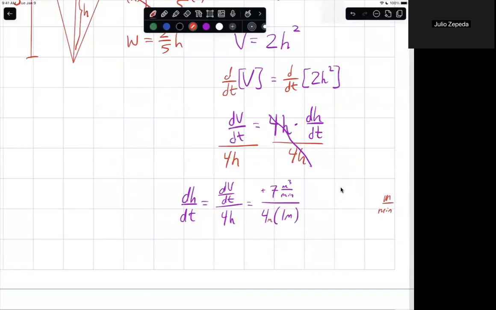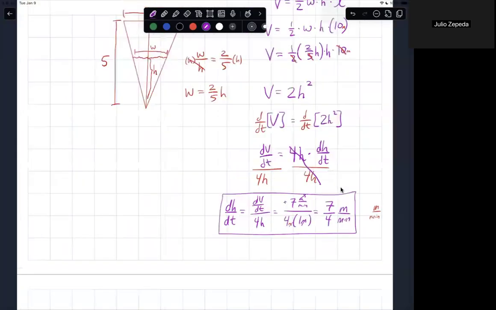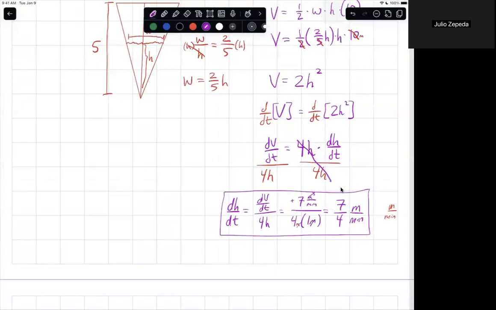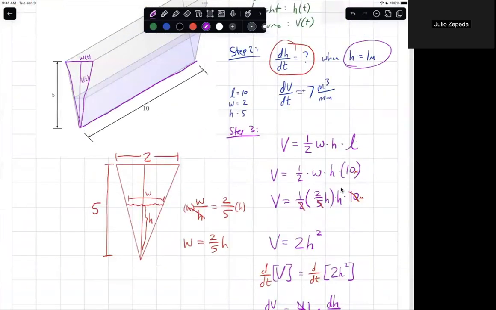So just to make sure that the units do work out the way that they're supposed to, we get 7/4 meters per minute. Okay. So the height is increasing at a rate of 7/4 meters each minute when the height of the water is 1 meter.